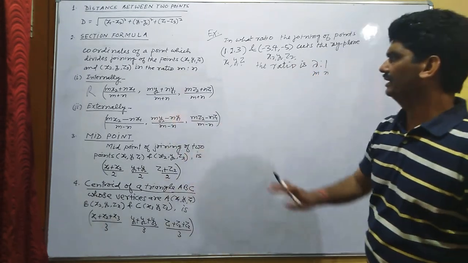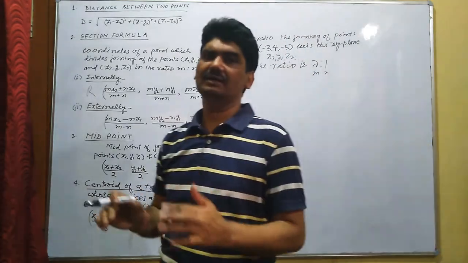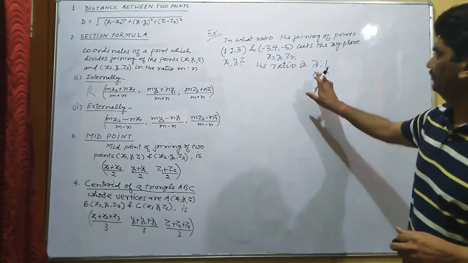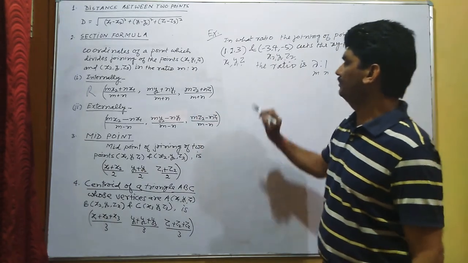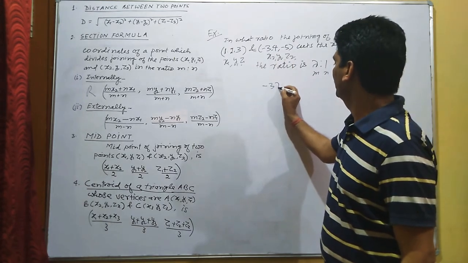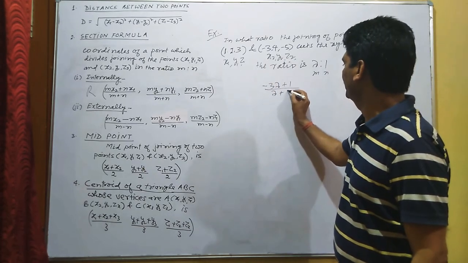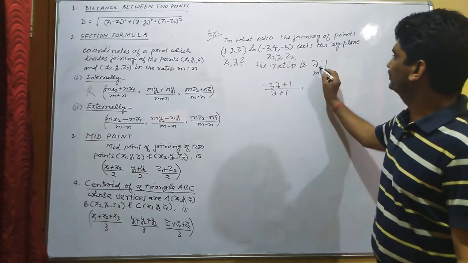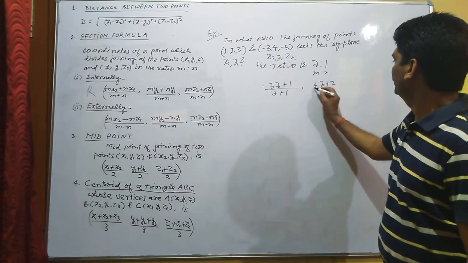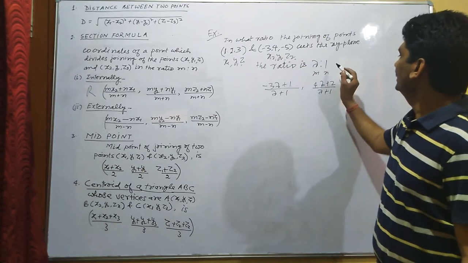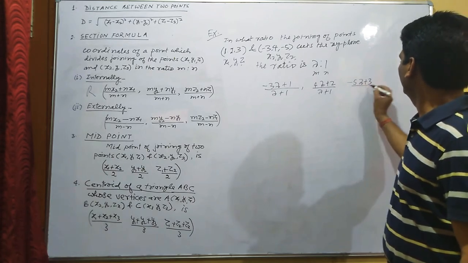First we use it generally for internal division. If the value of lambda comes positive, then it is internal. If the value of lambda comes negative, then it is external. So in general we use this formula for the coordinates of the required point: (-3 lambda plus 1 upon lambda plus 1, 4 lambda plus 2 upon lambda plus 1, and the third coordinate -5 lambda plus 3 upon lambda plus 1).